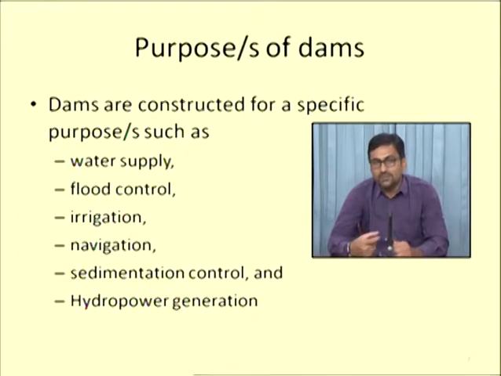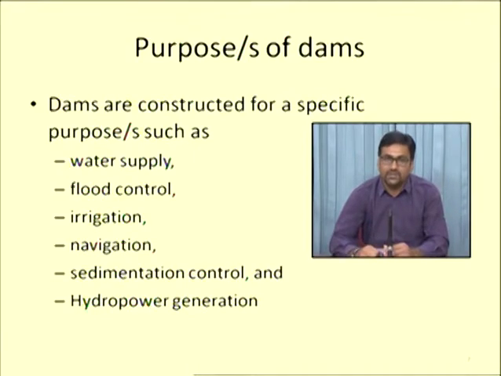We could construct a dam for supplying water to towns or cities or maybe remote villages. Many times, with this single objective, we construct the dam and supply the water to the command area, the area where there is need of water.